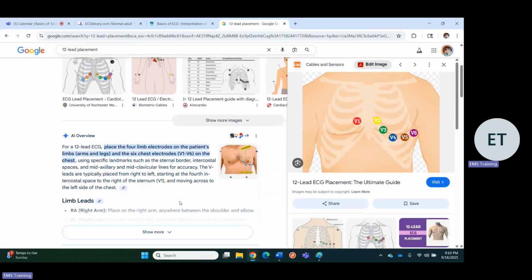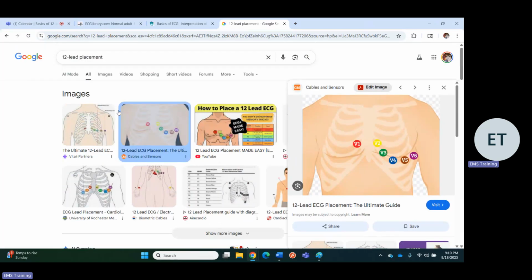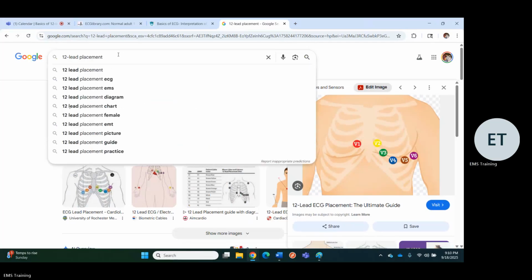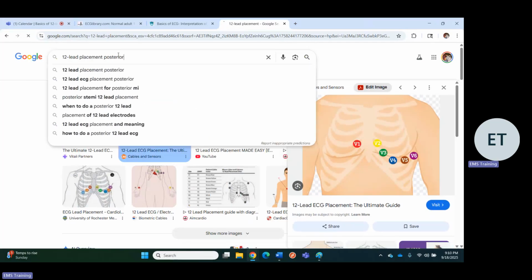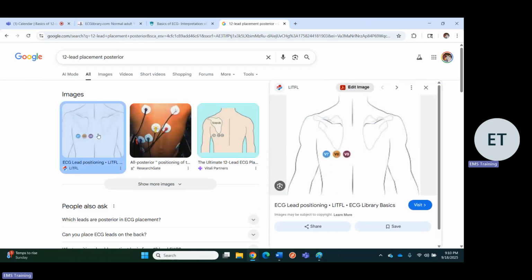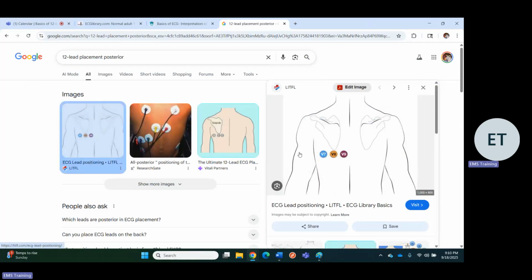Another tidbit caveat with this is my personal opinion is I don't really see the benefit of doing a posterior ECG. I think they're done infrequently. So I think the likelihood of making a lead placement error is higher. Oh man, they did an entire posterior one. Interesting. Yeah, so you're more likely to make an error here. You're more likely to put it over bone.